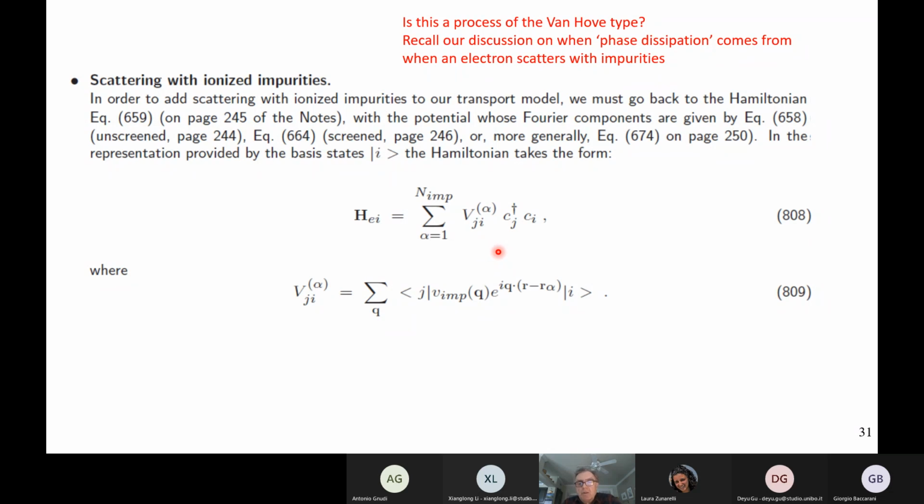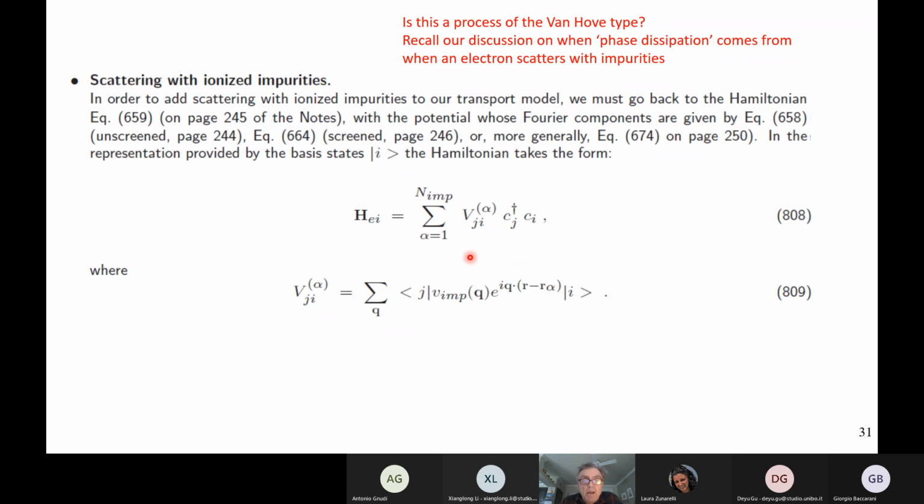I remind you also that the Boltzmann transport equation was derived by Luttinger and Kohn in, I think it was 1957, that famous paper for impurity scattering only, but they had to do something.